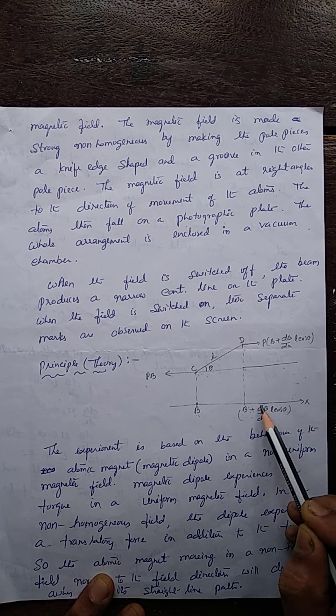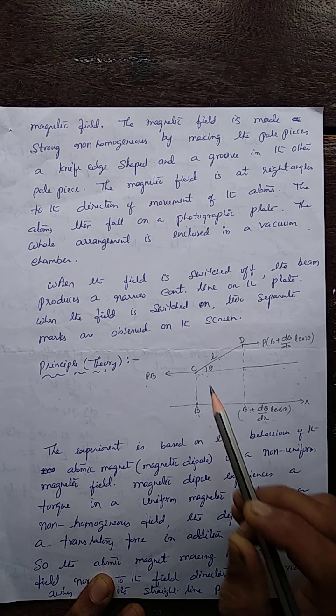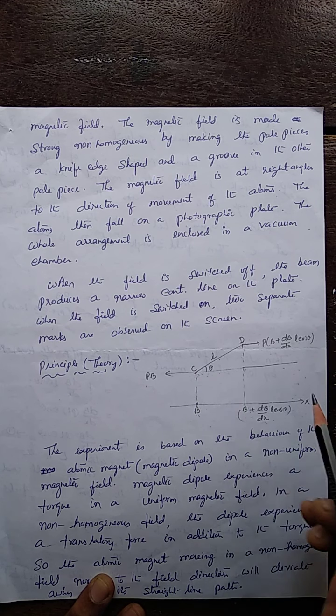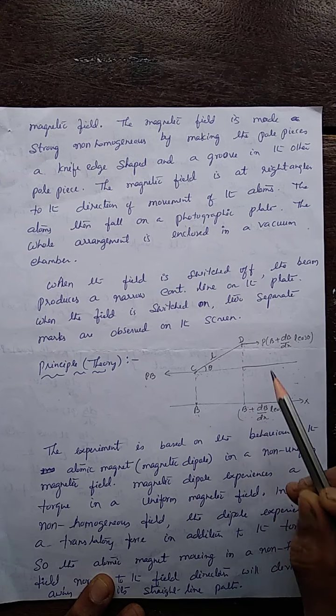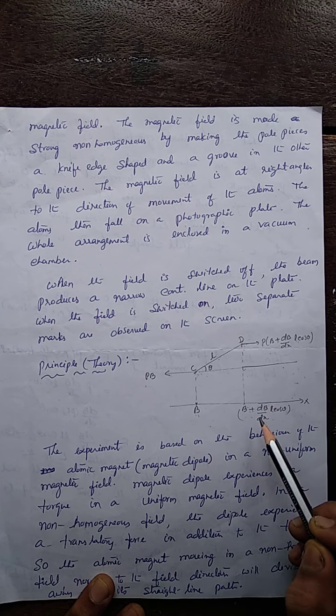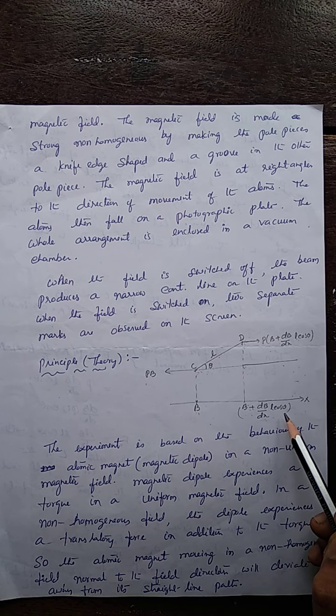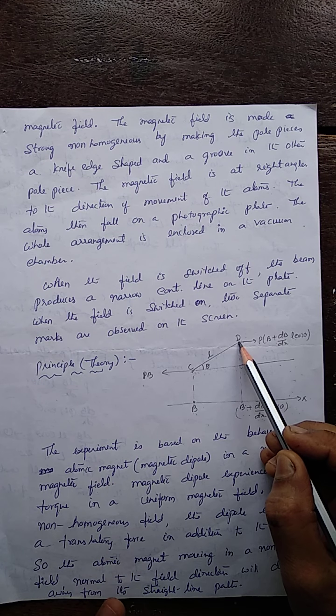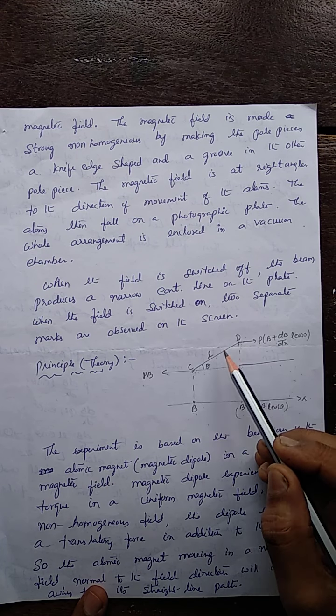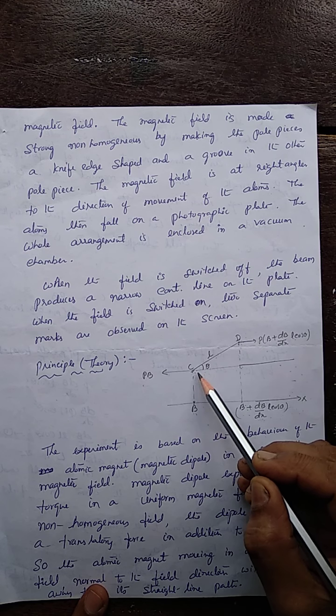So dB by dx is the rate of variation of the field strength. For the length L cos theta, this is the change or increase in the field strength. So at this point, the field strength is B plus (dB by dx) L cos theta. How? L is the length of this atomic magnet or magnetic dipole, the separation between the poles.